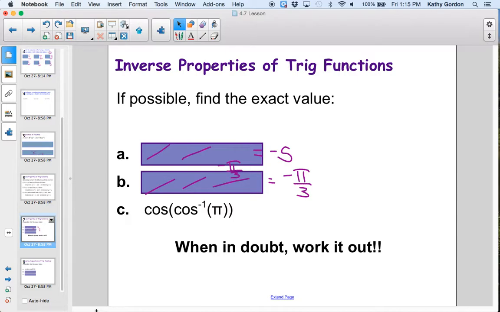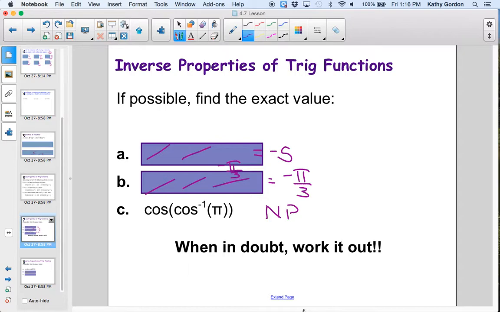So this is actually saying I want to take the inverse cosine of 3.14, which is outside of the -1 to +1 range. So this isn't even possible. You can't even do this one, because there's no way to take the inverse cosine of pi in the first place.